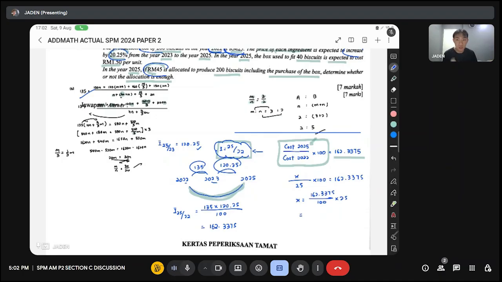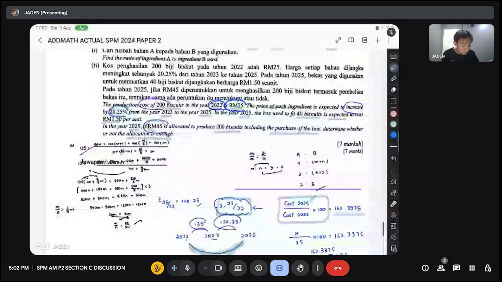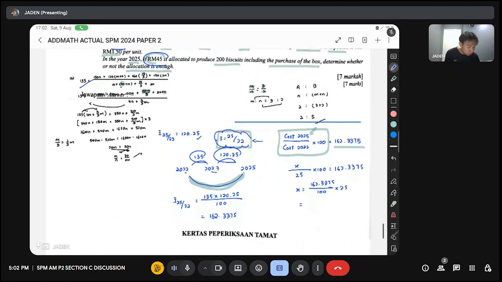Now you must understand what this cost means. The cost here means the production cost of making those 200 pieces of biscuit. So over here you will get your X as RM 40 ringgit and 58 cent.